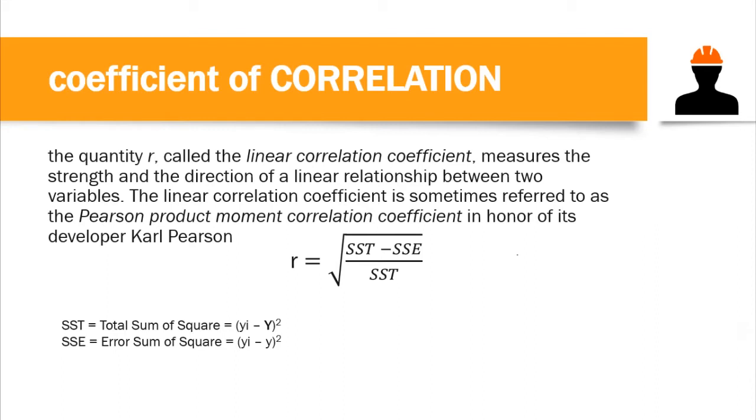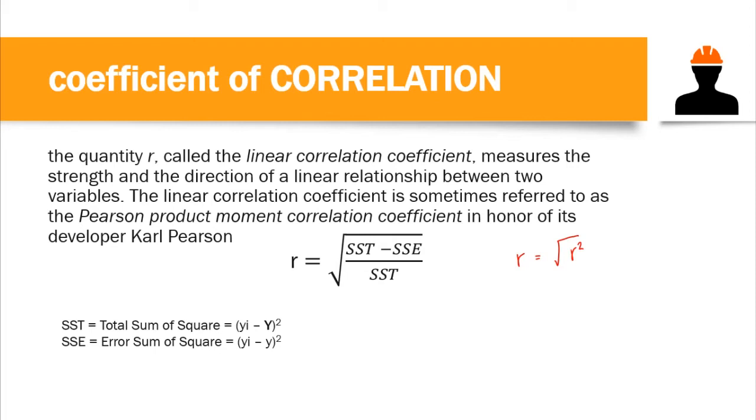So r is equal to the square root of the coefficient of determination, or the square of the coefficient of correlation is just the coefficient of determination.